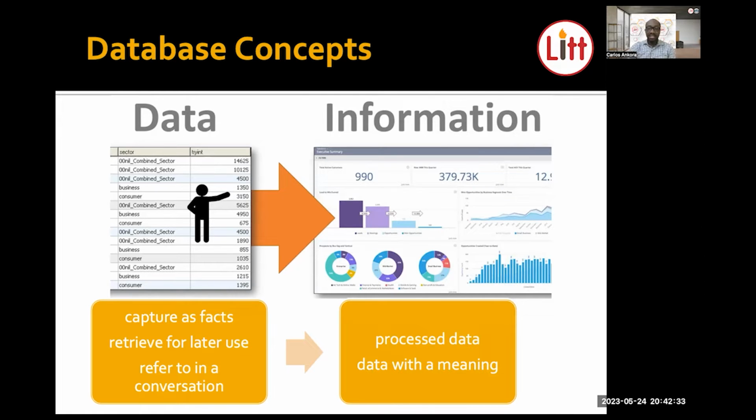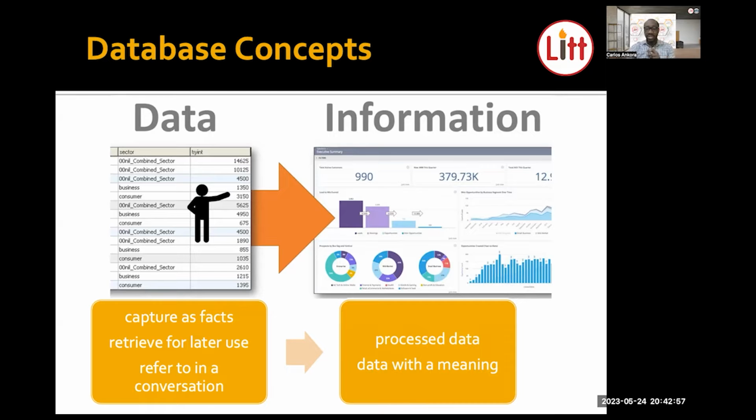Information, on the other hand, is derived from data through a process of organizing, structuring, and interpreting it in a meaningful context. Information adds value by providing insights, knowledge, or understanding that can be used to make informed decisions or gain a deeper understanding of a specific subject.